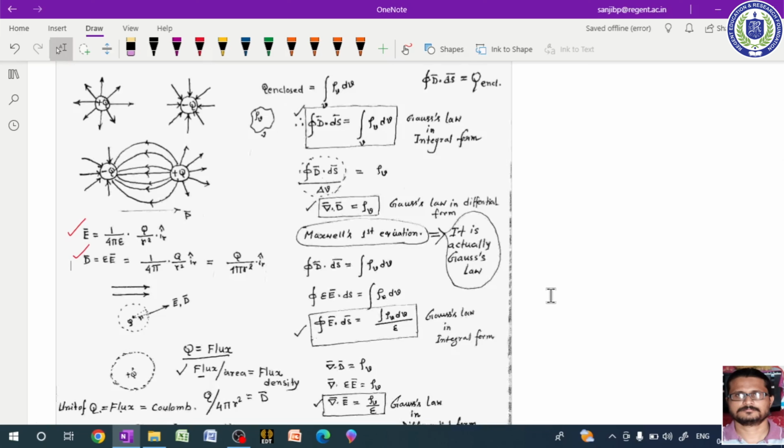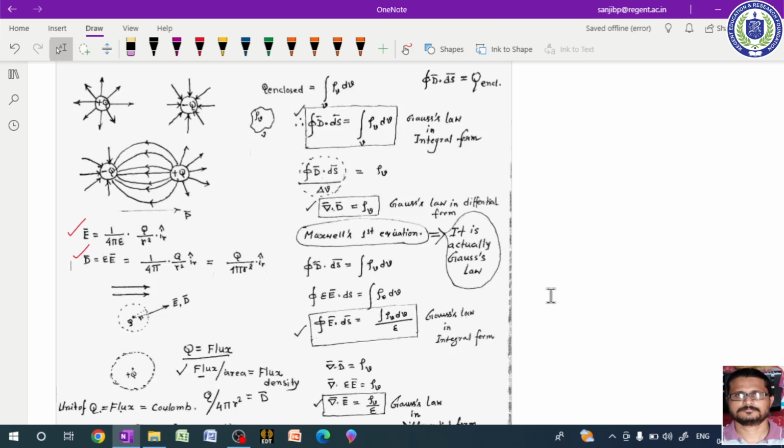If we consider a volume, inside the volume there may be a point charge or a lot of point charges, considered as a charge density inside the volume. This is a charged body.